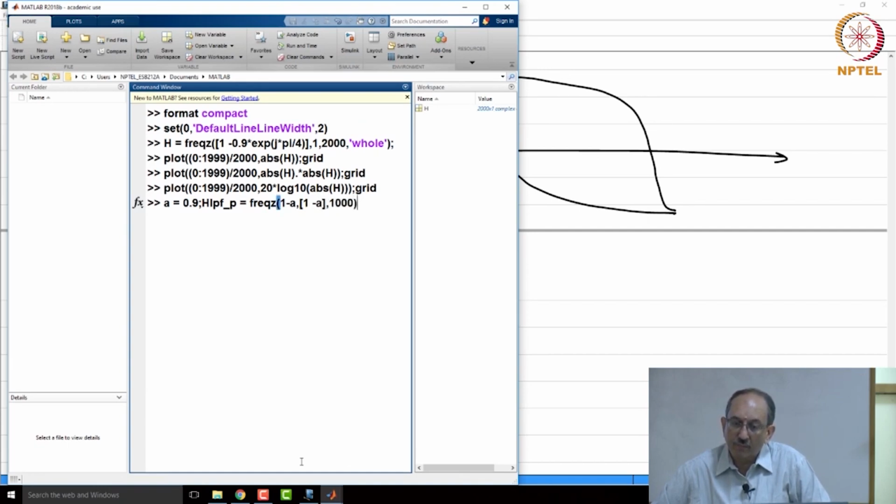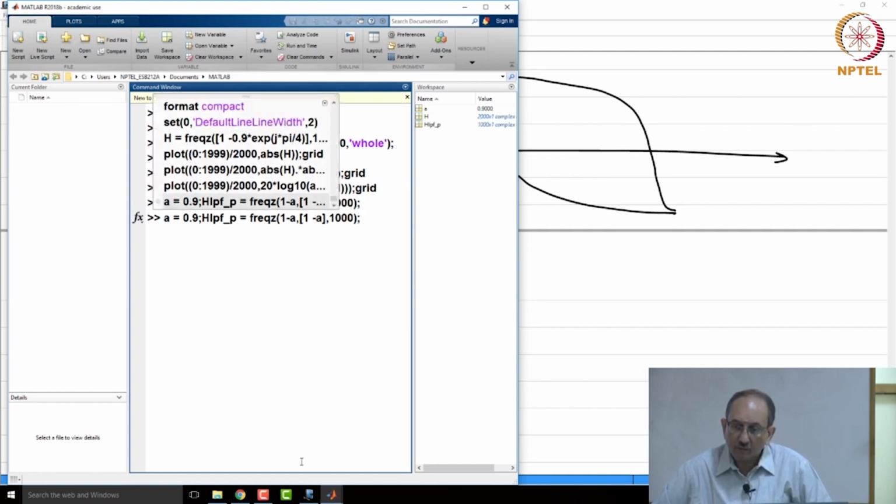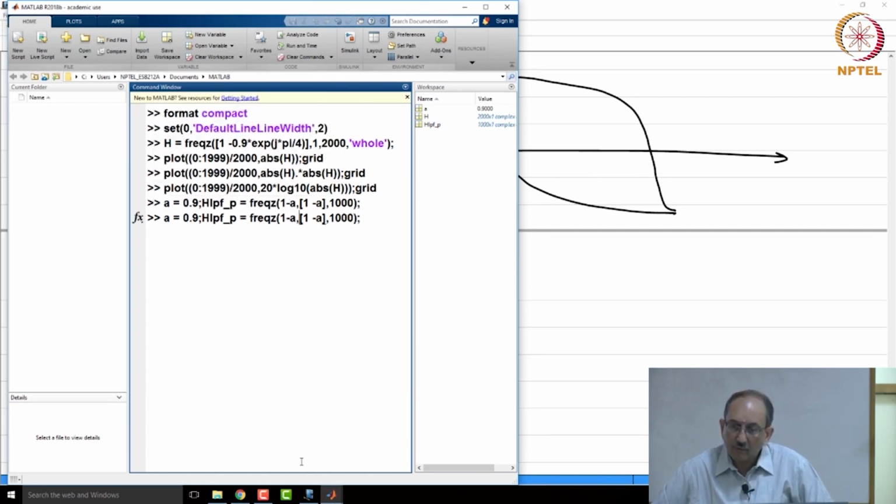Then I am going to evaluate this at 1000 points. So, this is my low pass filter. Now I am going to get the high pass filter, but now using a zero.